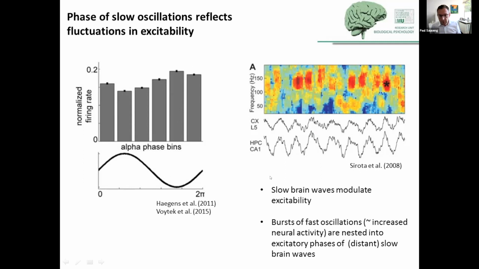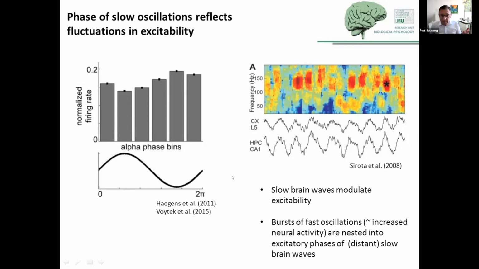and the trough would be associated with increased neuronal firing. Or it has also been shown for theta activity, where you have an association between high frequency bursting and ongoing theta activity. And this has even been shown across different regions, so that you, for instance, have hippocampal theta activity being associated with hippocampal high frequency activity, but also this high frequency activity being aligned to theta activity in the cortex, for instance, like here.